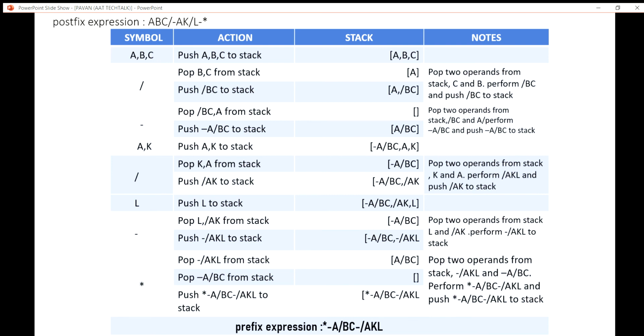And then we have the subtraction operator minus, so we have to pop elements from the stack. Pop L and /AK from the stack. After popping two operands from the stack, L and /AK, we will have -A/BC in the stack.